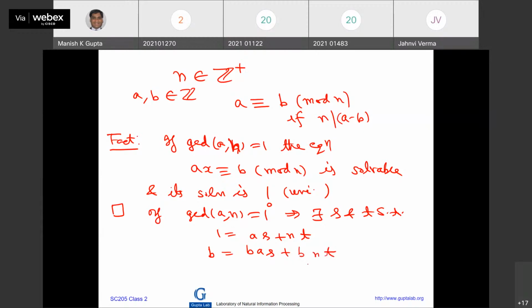Reduce it modulo n, so this portion will go off. You are left with B congruent to ABS mod n. This implies that X equal to BS is a solution because it satisfies the equation, right? X equal to BS is a solution.